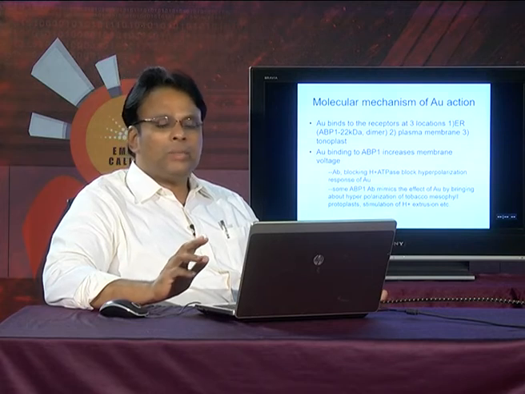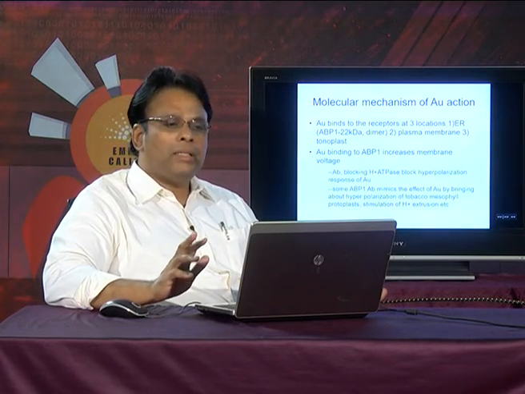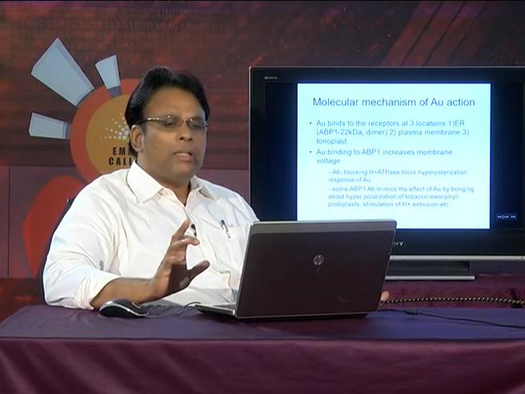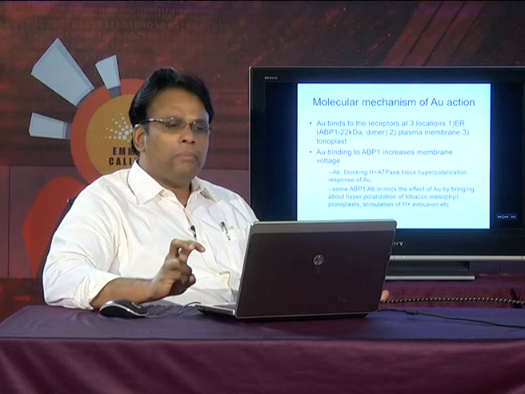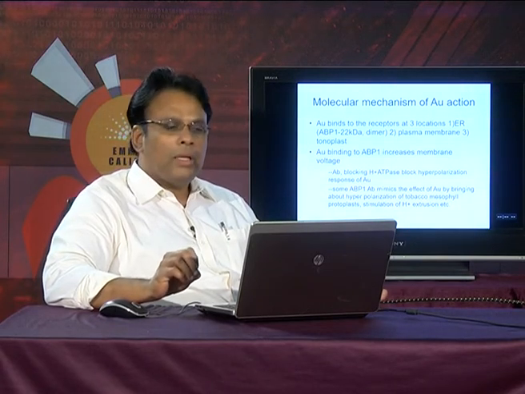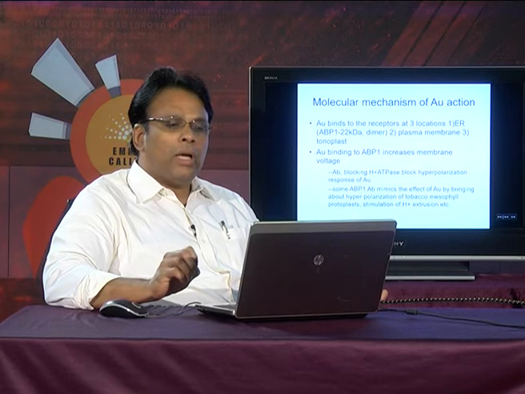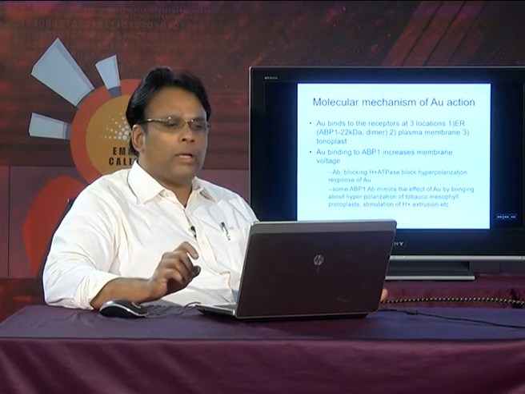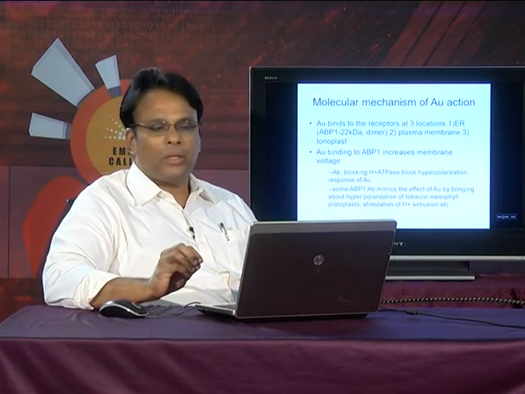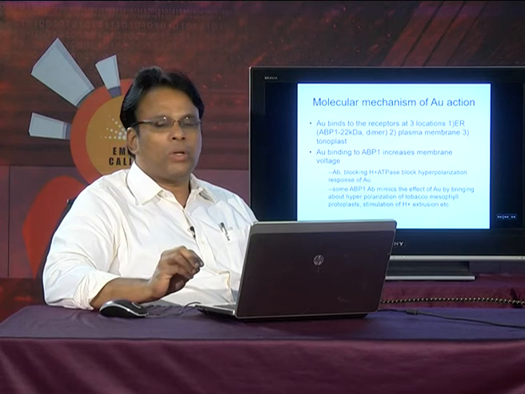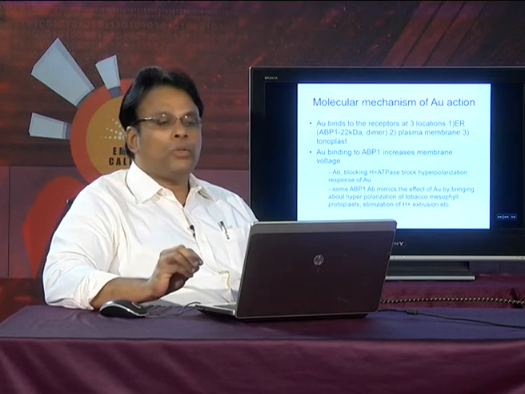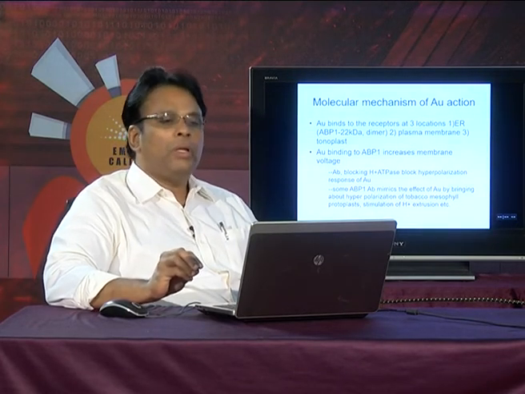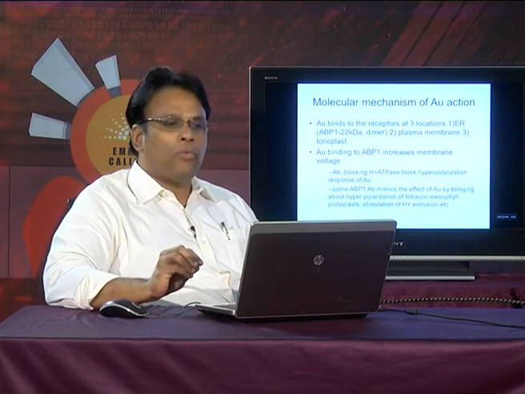And these receptors are mainly localized in 3 regions of a cell, that is on the endoplasmic reticulum, on the plasma membrane, and on the tonoplast. Auxin binding to the auxin binding protein 1, that is a very common auxin receptor which is localized on endoplasmic reticulum. It is a 22 kilodalton protein, and it is a dimer form.